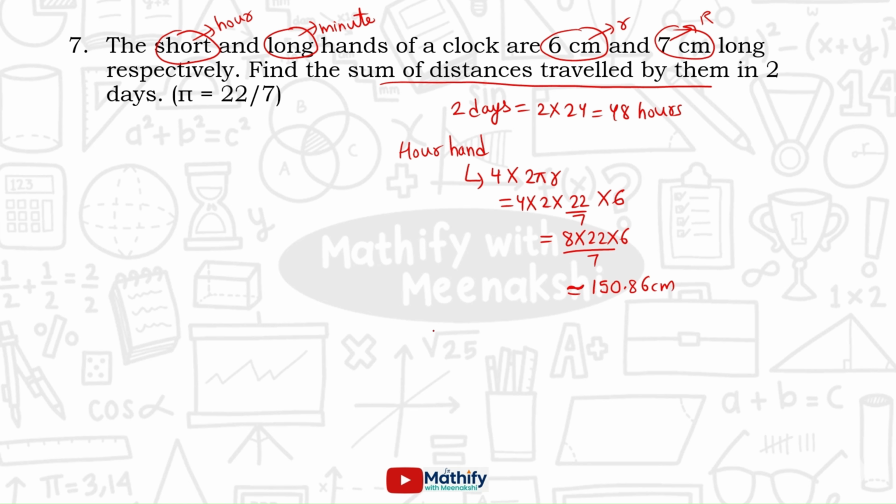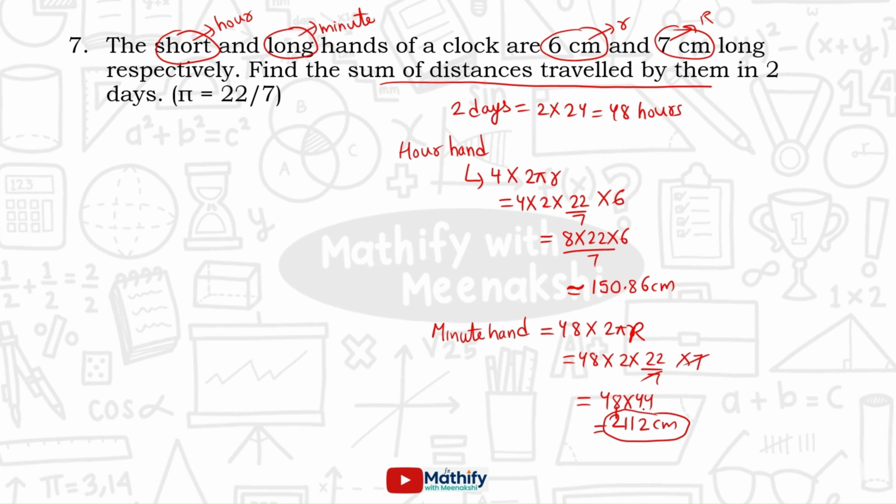Distance traveled by minute hand is 48 into 2 pi r because we have 48 hours. 48 into 2 into 22 by 7 into capital R, that is 7. 48 into 44, and that will give you 2112 centimeter.